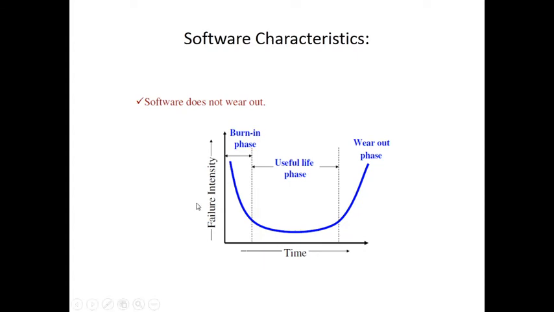Maybe for years it is going to work properly. But what happens in hardware components? Wearing and tearing takes place, friction, or maybe due to some other reasons. So it becomes useless after a certain lifespan, and again the failure rate increases and you need to replace that hardware. This is normally the life of a hardware.